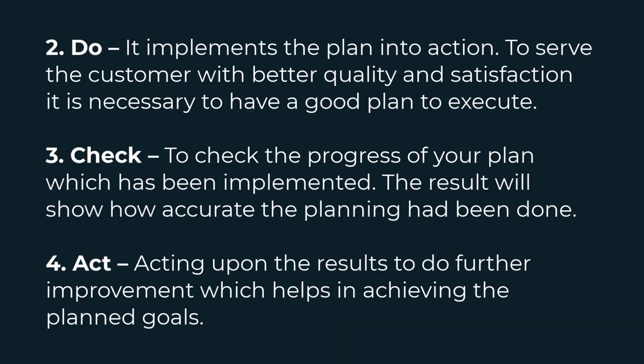It implements the plan into action. To serve the customer with better quality and satisfaction, it is necessary to have a good plan to execute. 3. Check. To check the progress of your plan which has been implemented. The result will show how accurate the planning had been done. 4. Act. Acting upon the results to do further improvement which helps in achieving the plan goals.